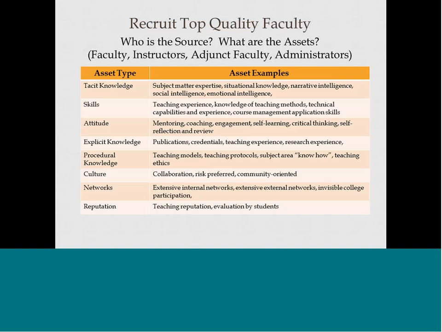The cultural issues here are faculty must be collaborative. They must prefer a little risk in order to advance the area of knowledge that they work in. They also need to be community-oriented. The faculty member sitting in an ivory tower in an office who doesn't communicate with other colleagues or students is not likely to contribute to undergraduate education at a university.